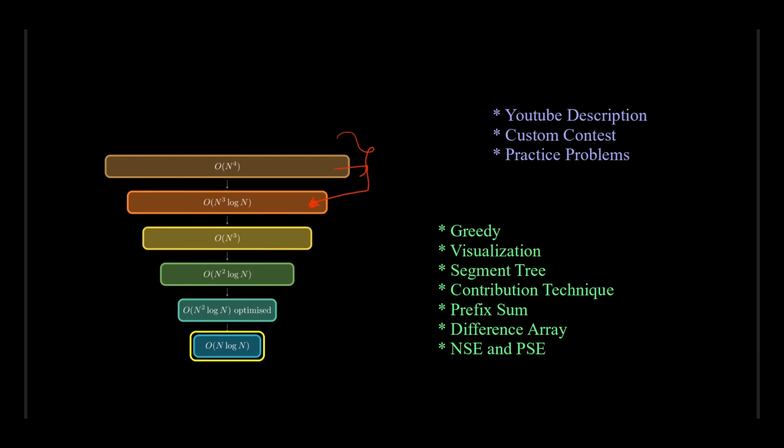Then we realized that segment tree wasn't really needed, so we switched to prefix sums, prefix minima, running maximums, running minima, and then we switched to n square log n, wherein we added the concept of the contribution technique of using a set to figure out the left and right boundary to figure out in how many elements a_i is a minima.